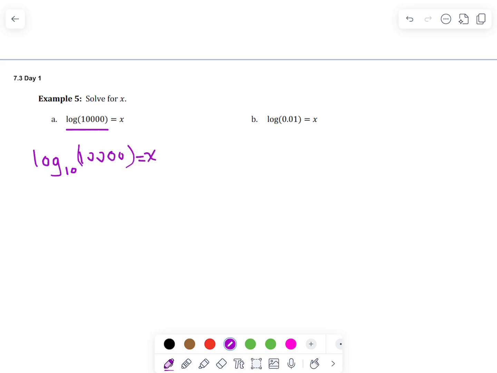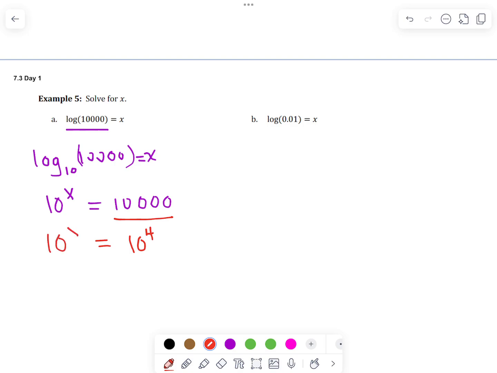So there's our logarithm with base 10, and now we're going to change it to an exponential. So our base is 10, our exponent is x, equals 10,000. Now I want to change this right side to the same base. So 10 to the fourth power is 10,000.